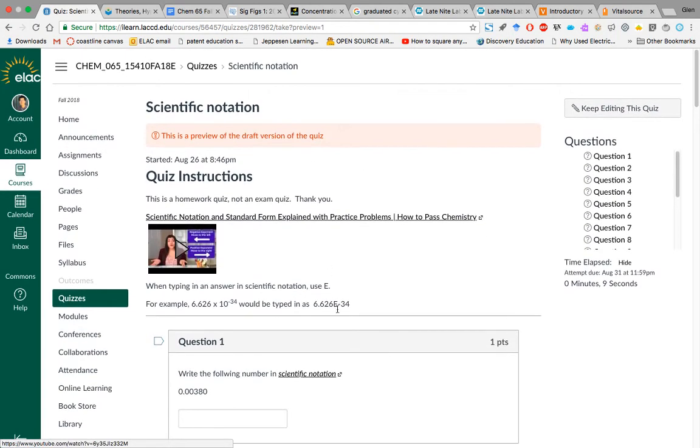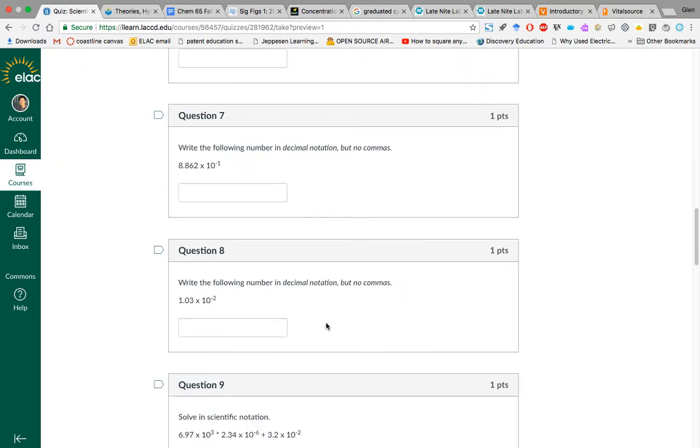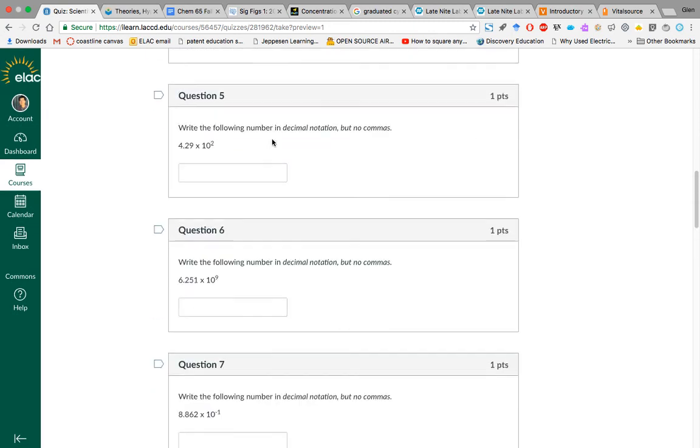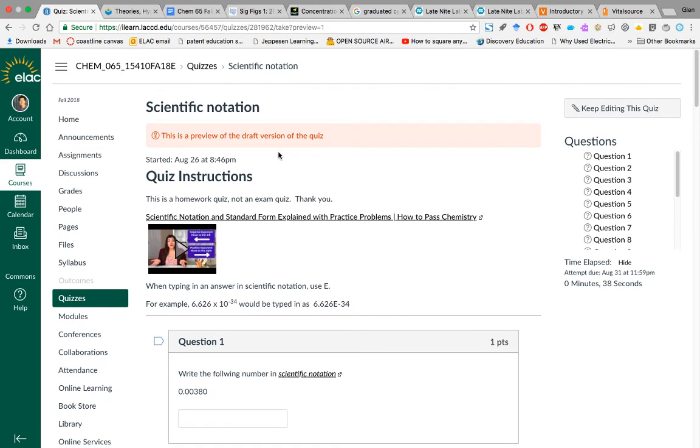However, I made, I think, around 31 problems. So you can do this homework assignment more than once. Every time you do this, the problems are going to change. The easy problems are going to change. The hard problems will remain the same, but the easy problems will change. And they will change a few times if you take the quiz a few times. I'm just going to keep the highest score that you have, so there's no worries when you take the quiz more than once. This is a homework quiz, not an exam quiz.